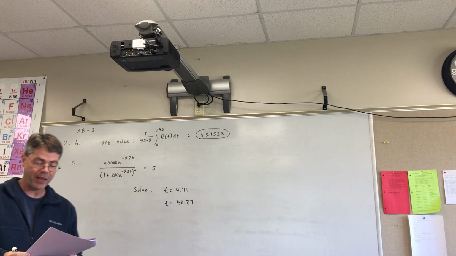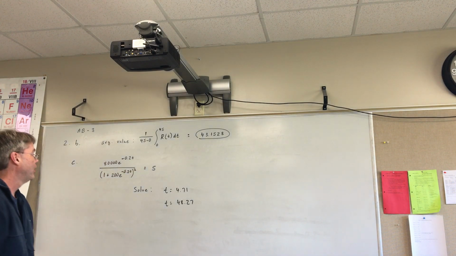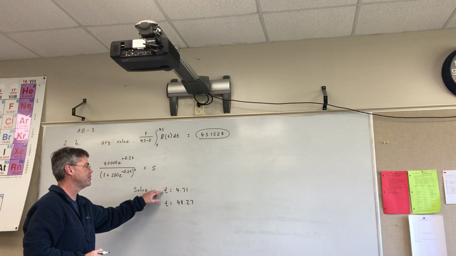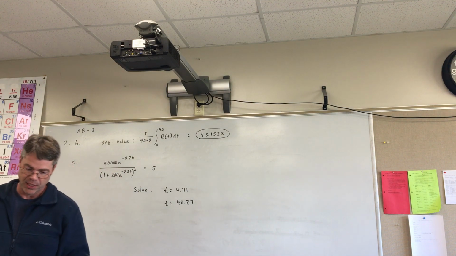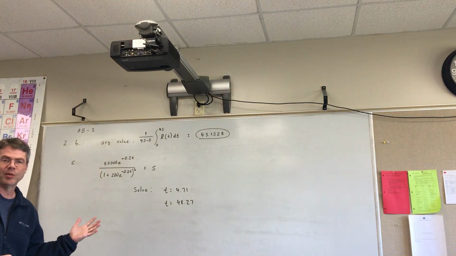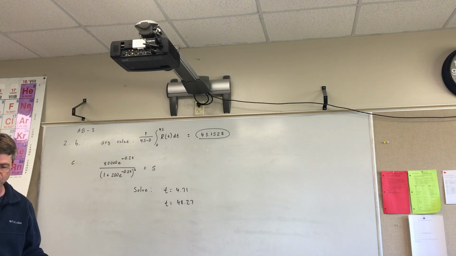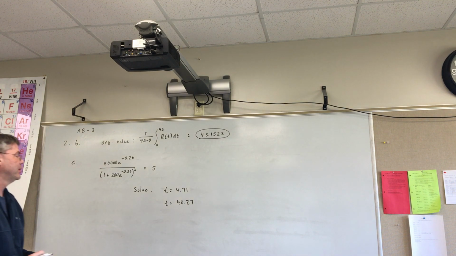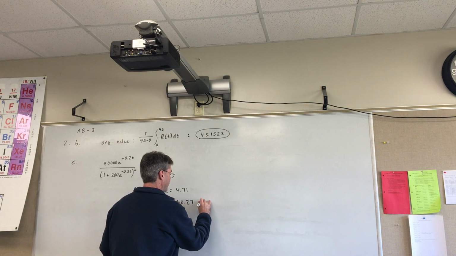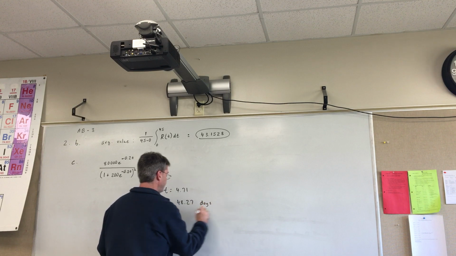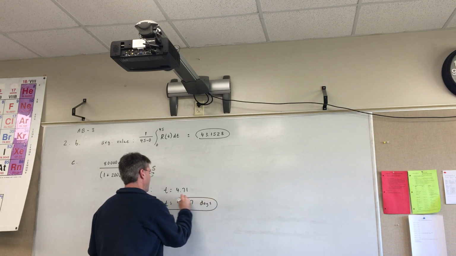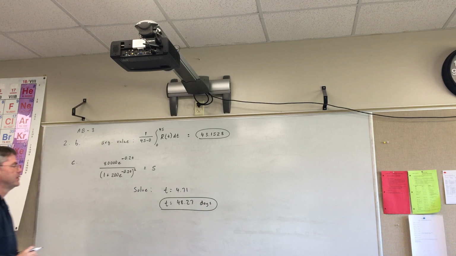Okay, well, it wouldn't make any sense to pick 4.71 because that was very early in the process. You know, the disease isn't going to be eradicated until way later in the process, okay? So, you know, you go all the way through day 40, day 45. So that would be the one to pick.